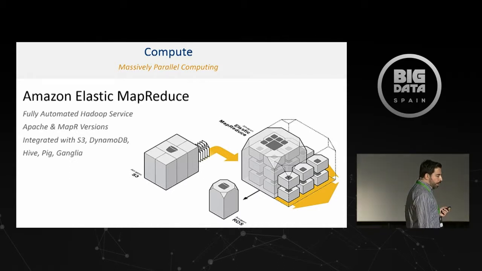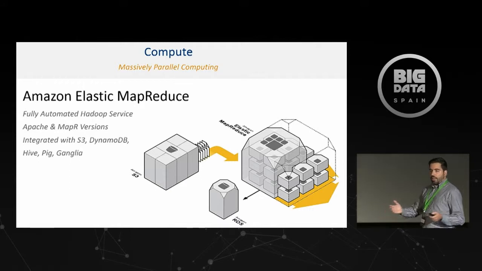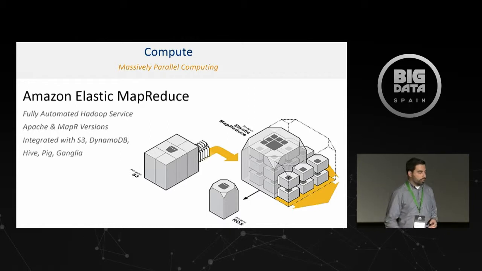And Elastic MapReduce integrates nicely with services like S3 and DynamoDB that we described before, so that you can seamlessly analyze the data that you are storing. It also integrates with the whole Hadoop ecosystem, things like Hive and Pig.